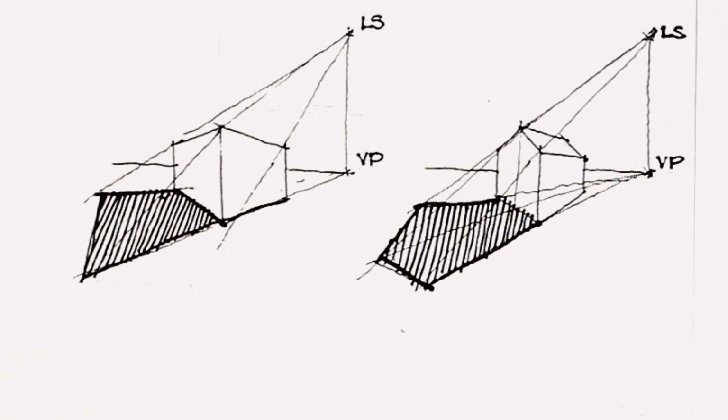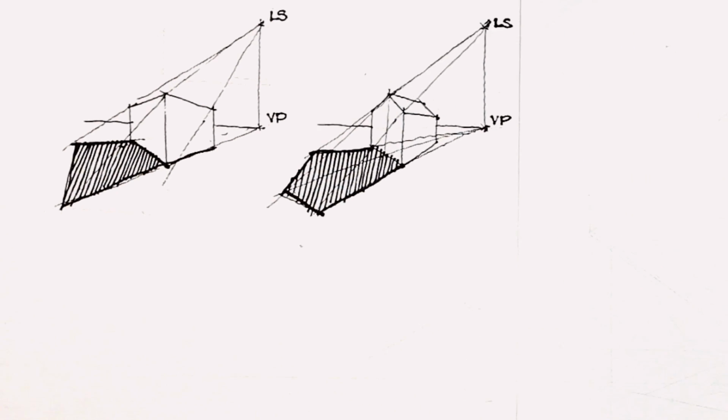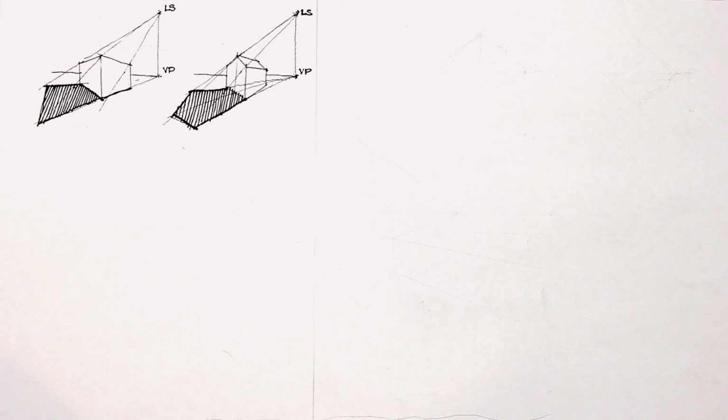A short recap on our previous shadow casting topic. We covered how to draw shadow in 2-point perspective when the light source is positioned at the back of an object. If you have not watched our previous video on shadow casting, I would strongly suggest that you check the video out. Links are down below.